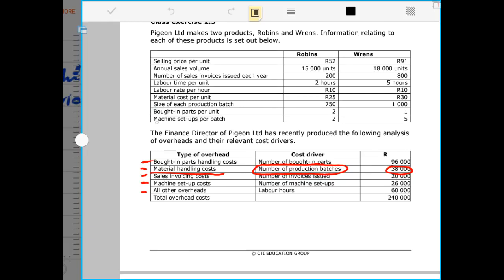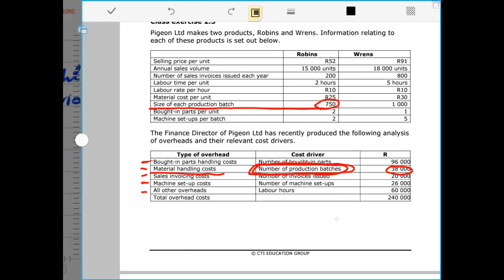We are told that the cost driver is the number of production batches, and we know that the size of the batch is 750, and we know that the machine setup per batch is 2 times and it is 5 times. That's what we know.